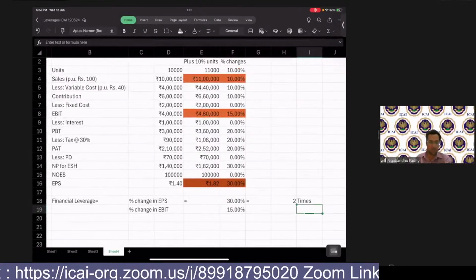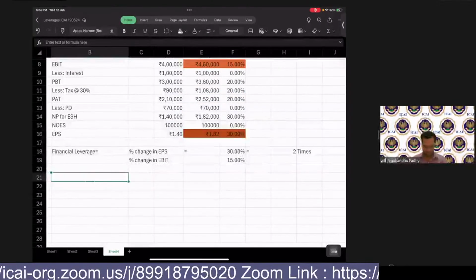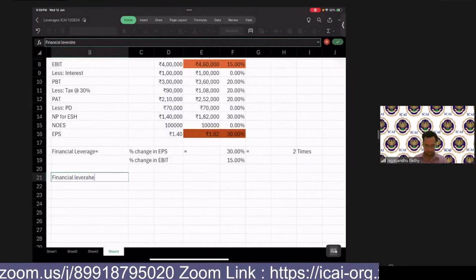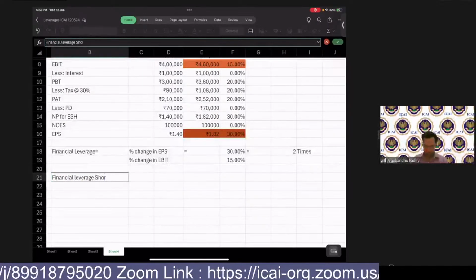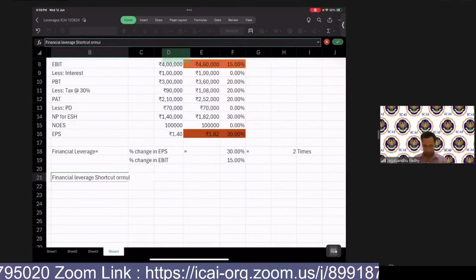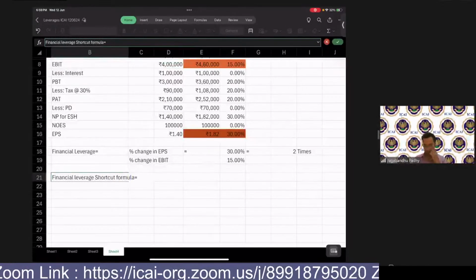Yes, we do have. So the financial leverage shortcut formula is something like this.